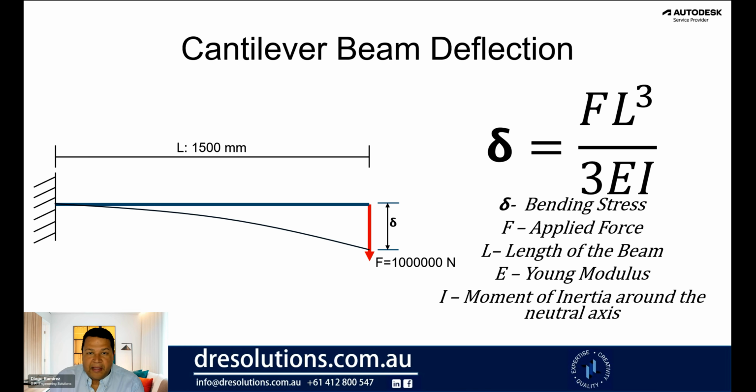Now, in terms of the cantilever beam deflection, if we apply a load at the end of the beam, that load is going to create a deflection. That deflection is calculated using this formula, which considers the applied force, the length of the beam, Young's modulus, and moment of inertia around the neutral axis.